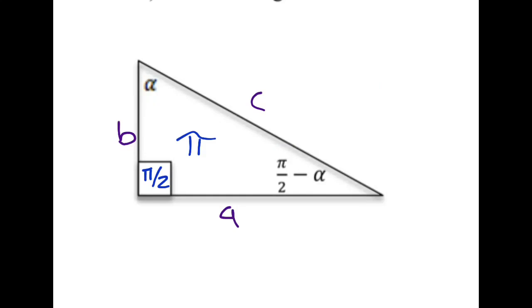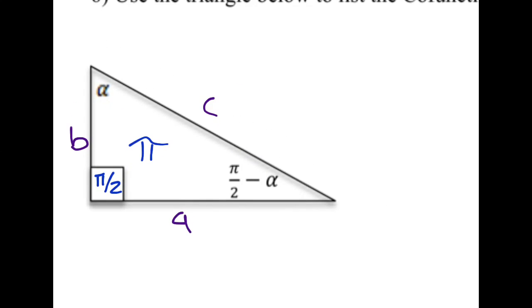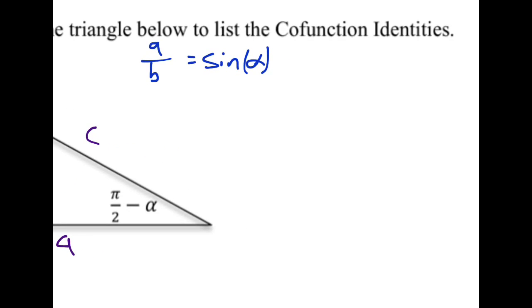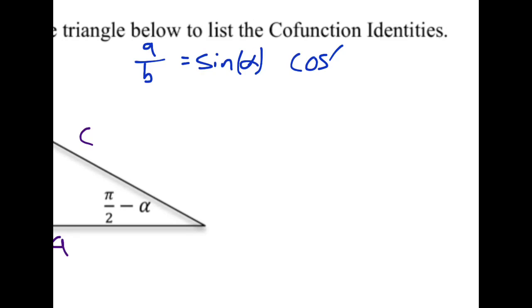So now let's get into it, and let's think about what's going on. So think about the sine of alpha. Sine of alpha, sine is opposite over adjacent. The opposite side from alpha is A. The adjacent side from alpha is B. So sine of alpha is A over B. Compare that then to the cosine of pi over 2 minus alpha.